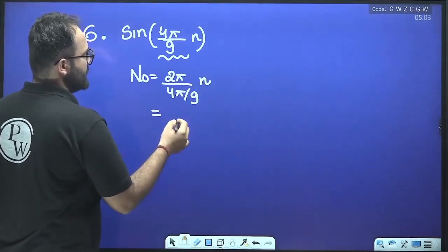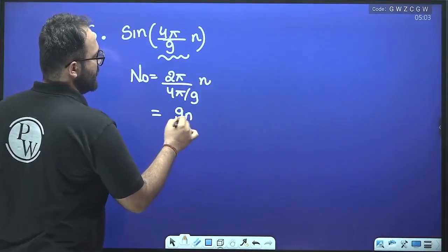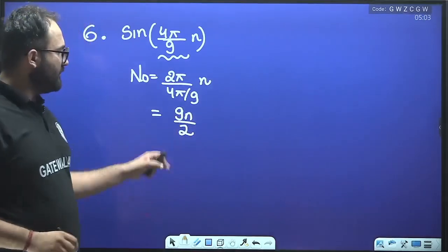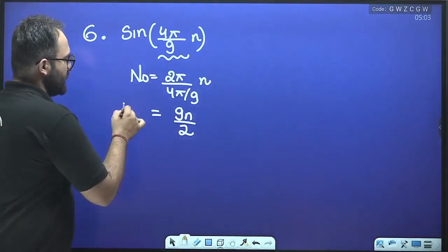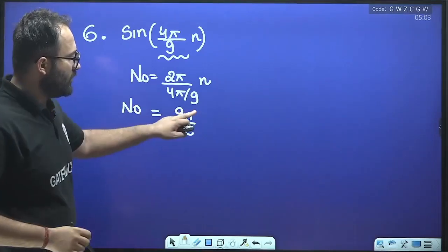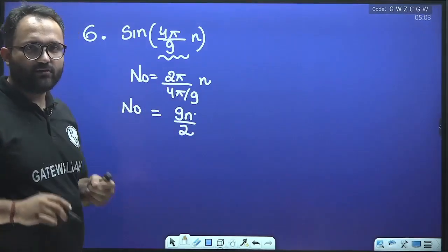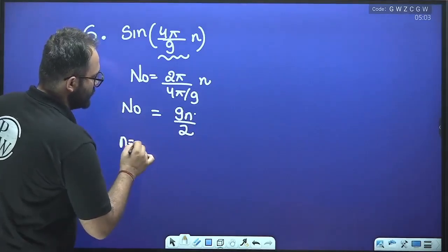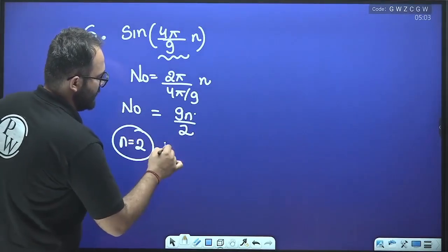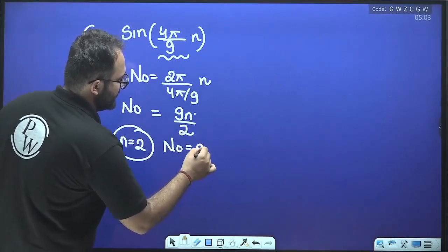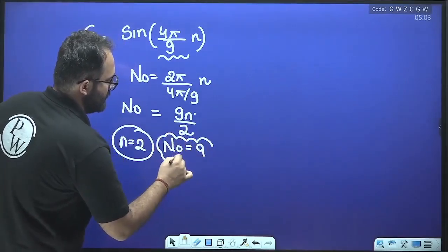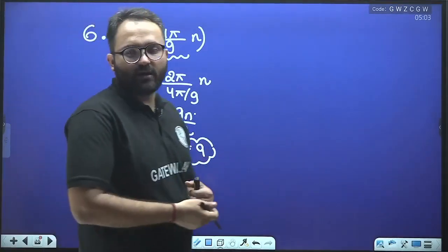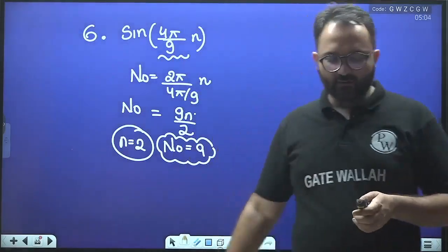Here this will come out to be 9n by 2. So what should be the minimum value of small n so that this term becomes an integer? Obviously 2. So we'll put n equal to 2 for getting n naught as the smallest integer, that is 9. Okay, so this is how you are going to do these kinds of questions.